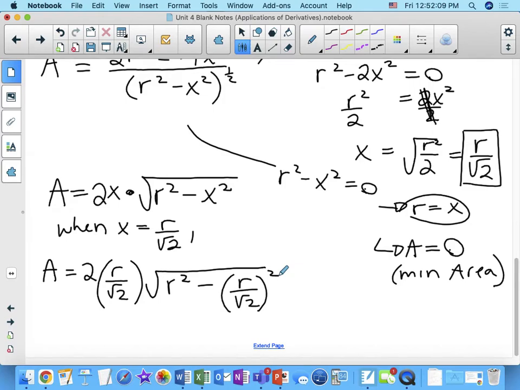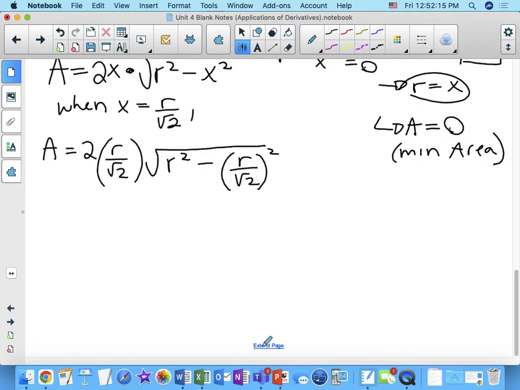Okay, so I'm plugging in the value r over root 2 for x. And now I got to simplify that.